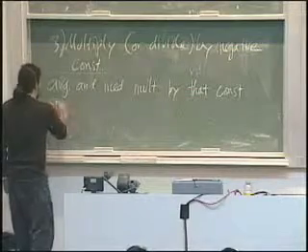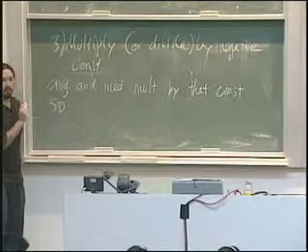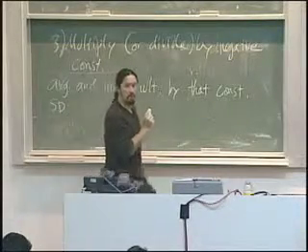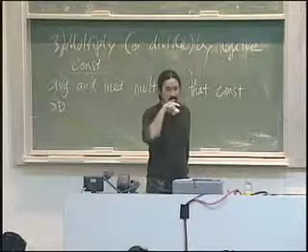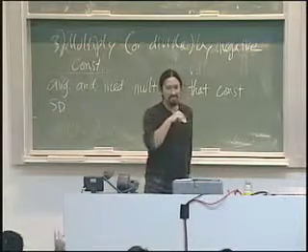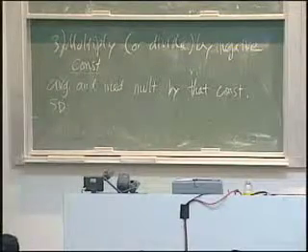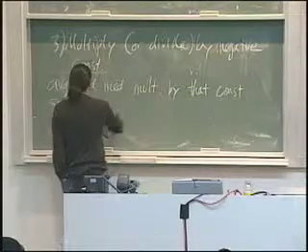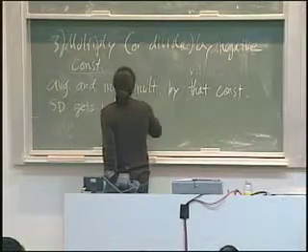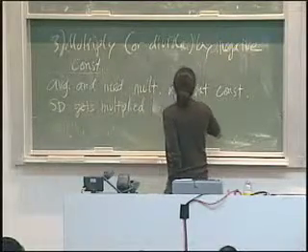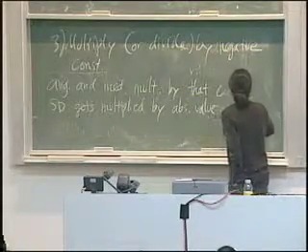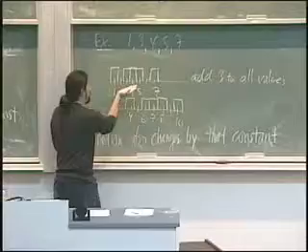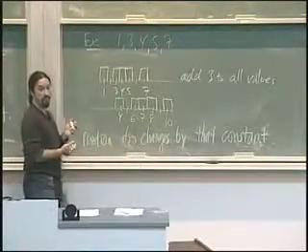What about the SD? It gets multiplied by the absolute value of the constant. So in my little example of multiplying by -1, I'm not going to change the SD. If I flip these over, the spread's going to be the same, right?